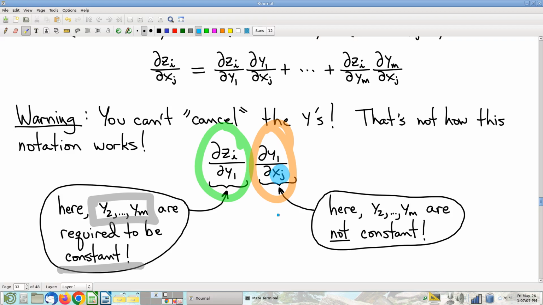And now let's think through what happens if xj is changing. Well, that's going to make y1 change, but it's also going to make y2 change. All the y variables are going to change. We're changing their inputs. So in this scenario over here on the right, the y variables are not constant.